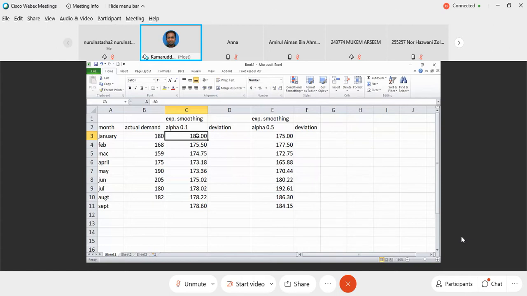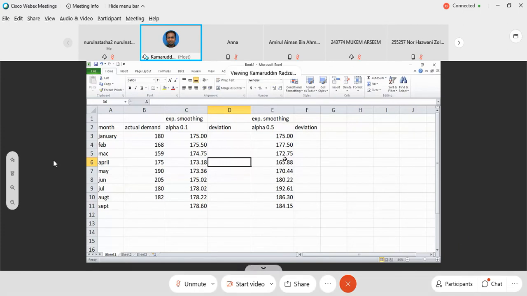Sekiranya maklumat diberi, kita akan gunakan maklumat yang disediakan tersebut. Jadi dalam case data pada slide tersebut, maklumat berkaitan dengan forecast Januari diberi sebanyak 175. Jadi kita gunakan nilai tersebut, 175. Baik. Seterusnya.